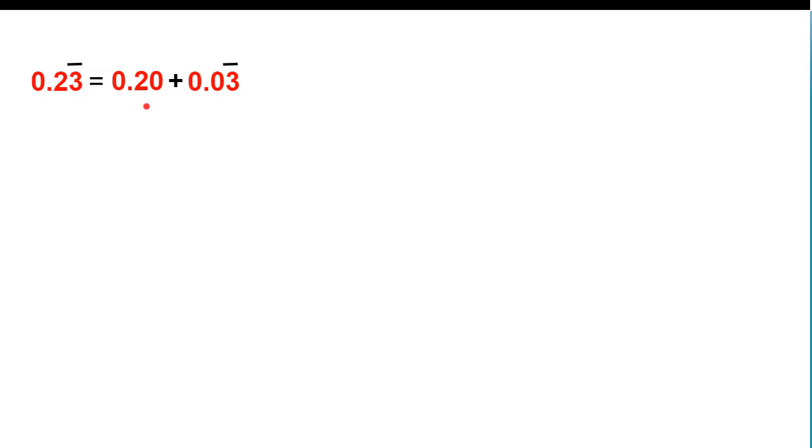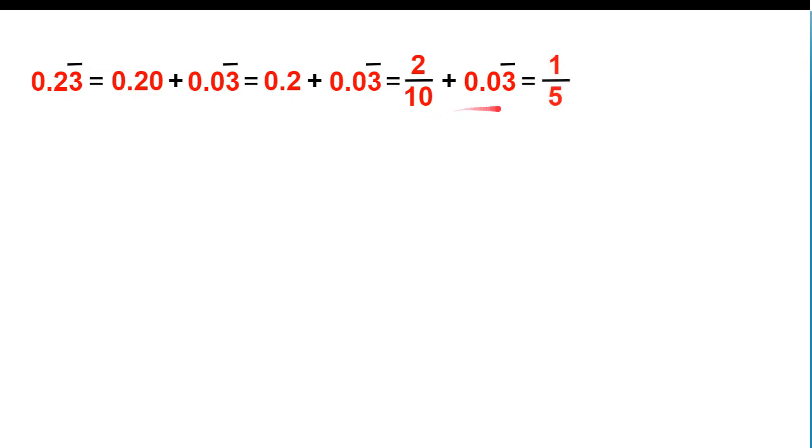Now we all know that 0.20 is 0.2, so this remains the same. And 0.2 is 2 over 10, which is 1 over 5. The recurring decimal remains the same.